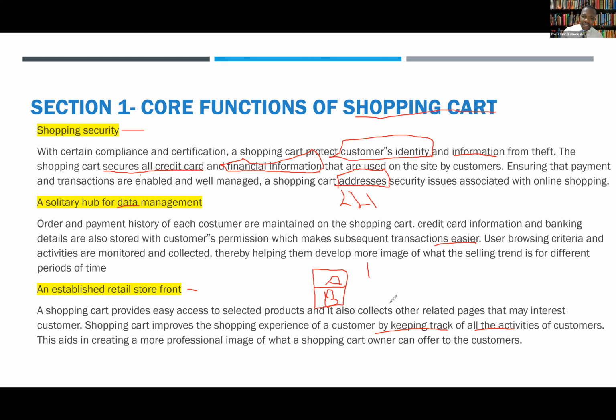Then they have another set of products, C, and then D. So with the storefront retail function in the shopping cart, it allows you to say, if you like A, you can put it into the shopping cart. We do this all the time. If you like D, you can put it in the shopping cart. If you like C, you can put it in the shopping cart.